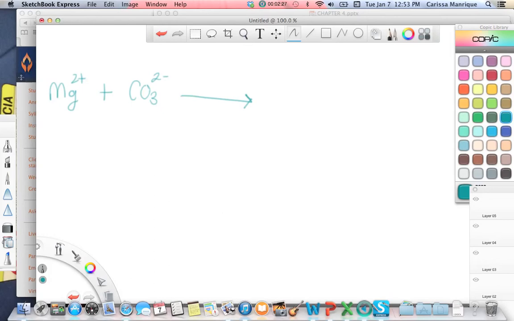Alright, so first, these are going to react together to form MgCO3. Now let's make sure this is balanced, okay? I have a 2 plus charge and a 2 minus charge. When I add those together, are those 0? Yes. So I don't have to do anything fancy.